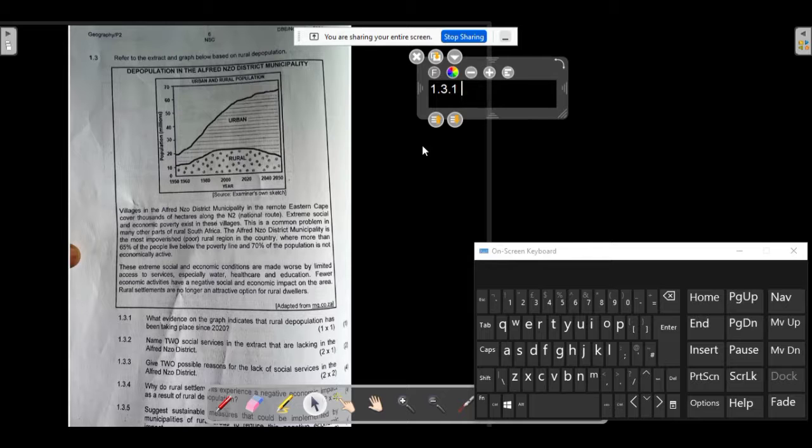So it's the poorest rural region in the country, where more than 65% of the people live below the poverty line. By the way, the poverty line, guys, is like a set standard. For example, if you earn below a particular set poverty line, I don't know what the poverty line is right now, that means you're considered poor.